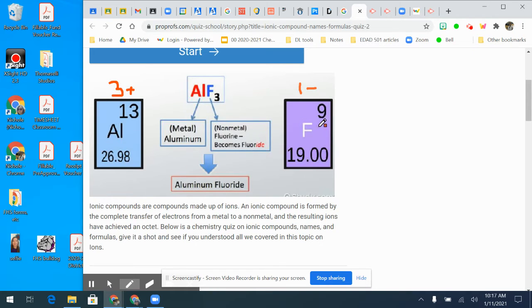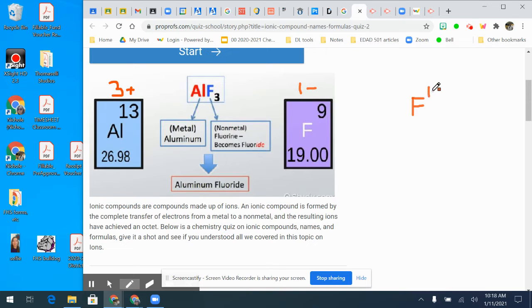It only gains 1. So from your drawings last week, you notice that if fluorine only needs 1 additional valence electron, but aluminum needs to get rid of 3 electrons to form that 3 plus charge, then we're going to have to add 3 fluorines or fluorides, once it becomes an ion, to aluminum in order to form a balanced compound.